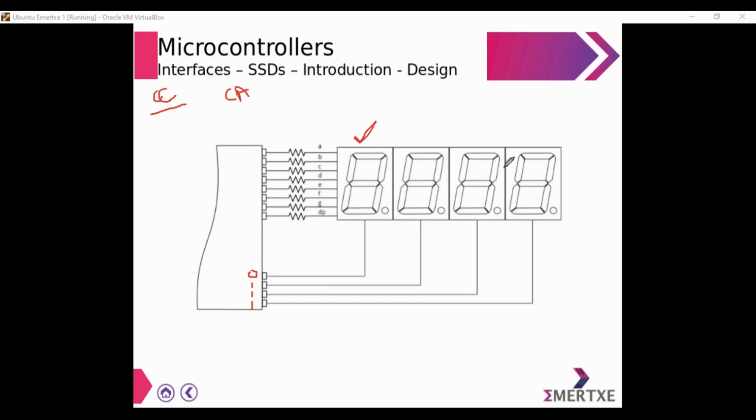Now if the ground is not provided in common, do you think the other SSDs are going to get turned on? No. I am considering a common cathode configuration where I have to provide ground in common to all 8 LEDs of a corresponding SSD.